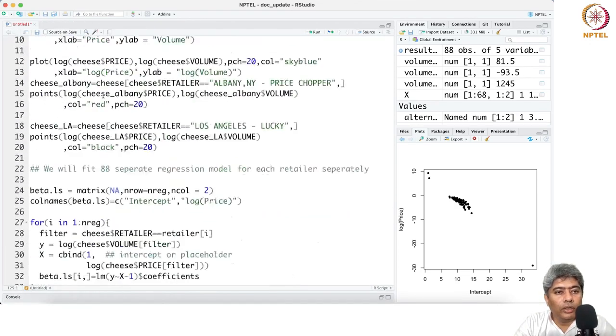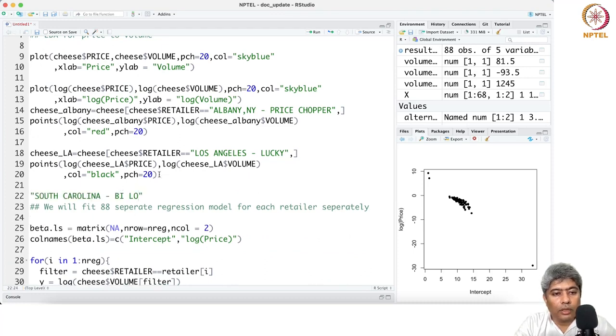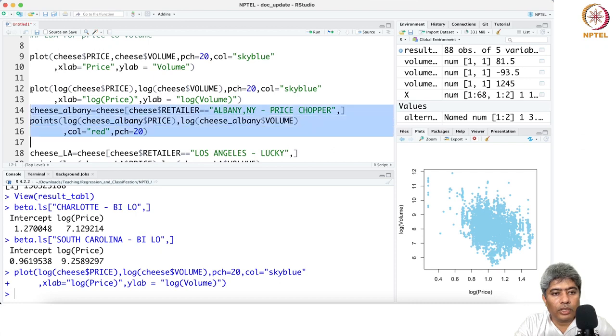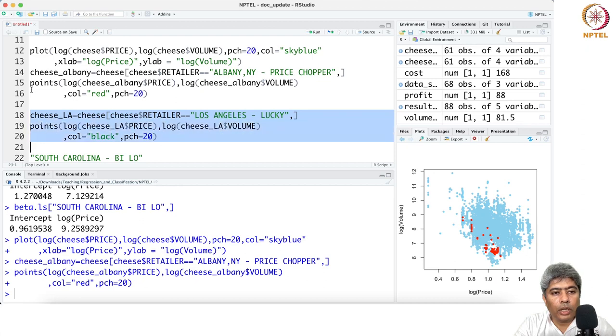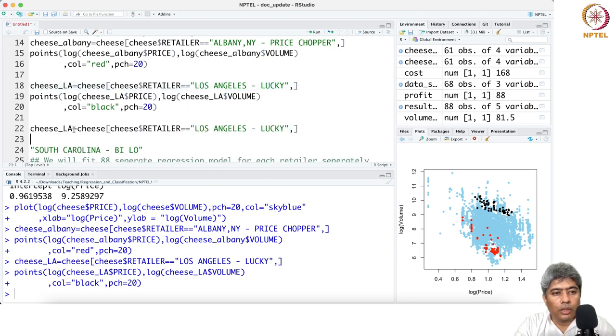Maybe what I will do is a plot. Let me just draw a plot. So here is the plot, here is the Chinese cheese dataset for Albany, this is LA, Los Angeles, this is SC below, South Carolina, and this is South Carolina below.